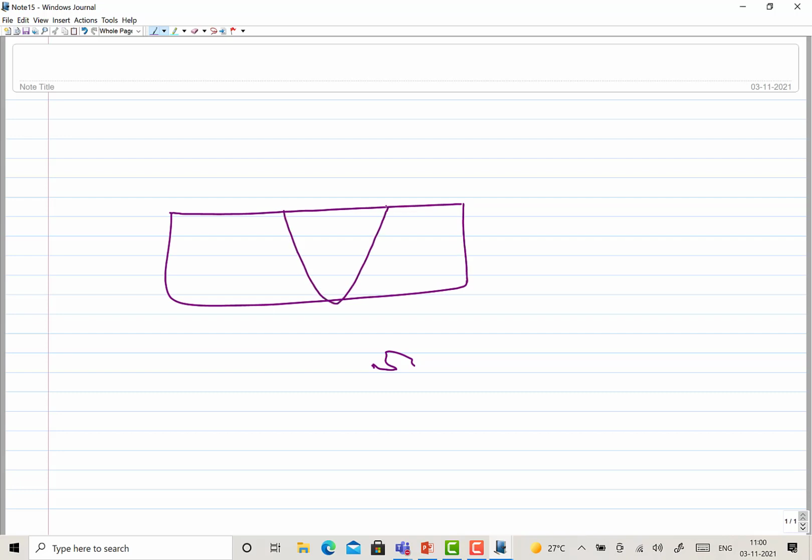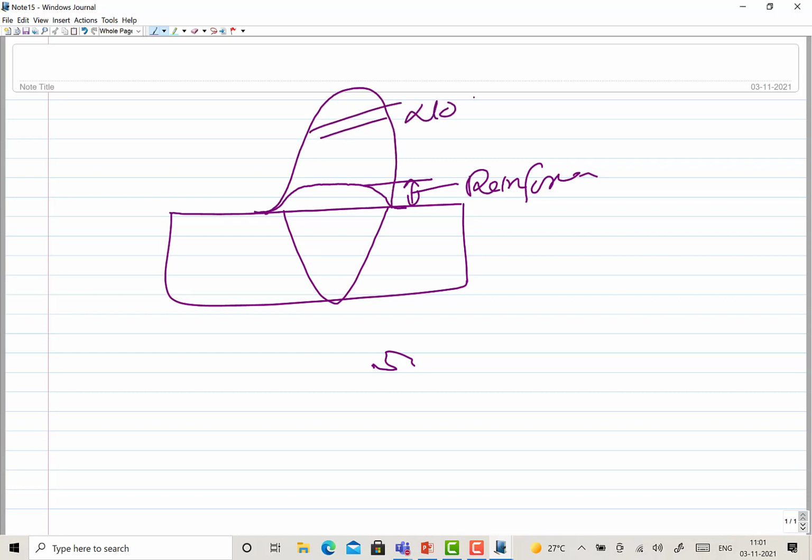Okay, so apart from bead angle, there is one more situation where the bead is not necessarily of very high height. Like say this is the weld. A little reinforcement is fine like this, and this height of the weld above the base metal is called reinforcement. But if the weld reinforcement is this much, it is of no use. It's not helping.